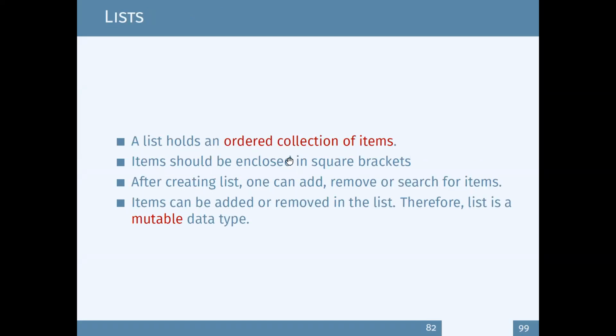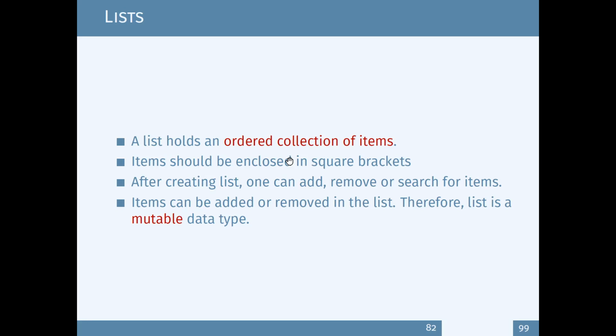Our first data structure is called lists. You may call it an array as well, but a Python list is slightly different from array types, in that you can have any data in Python lists. But one common thing you need to remember is that a list holds an ordered collection of items.